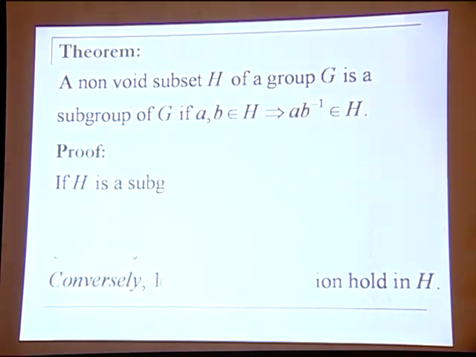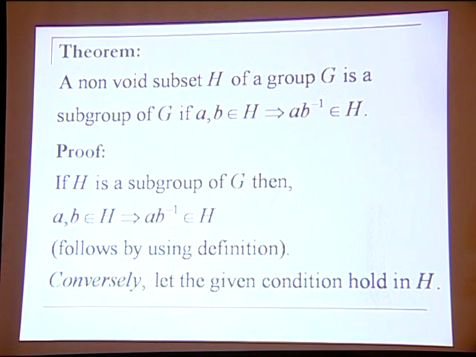Now, shifting to the proof of this theorem. Let H be a subgroup of G. Then if a, b belongs to H, this implies ab inverse belongs to H. How come?